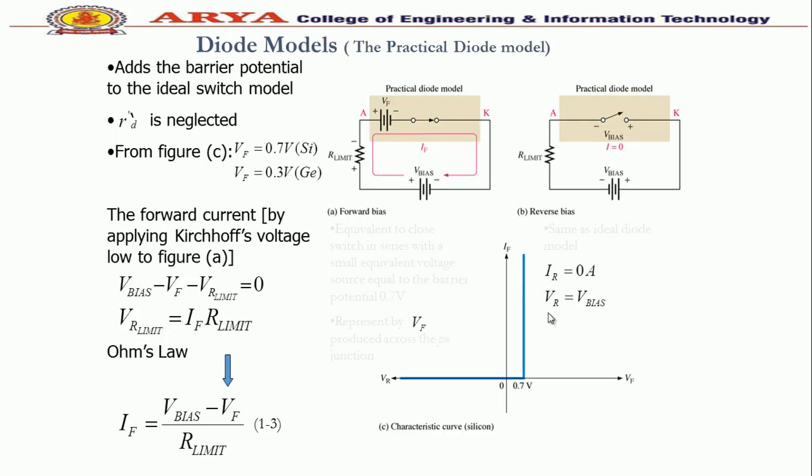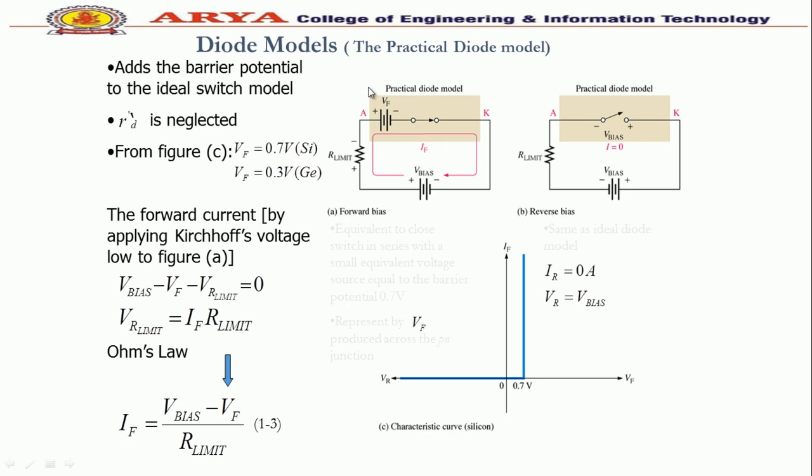The next characteristic is the practical diode model. In the practical diode model, we add the potential switching model, in which we neglect the dynamic resistance RD. From this figure, we can see a small voltage drop across the diode, called the barrier potential, when it is in the forward direction.